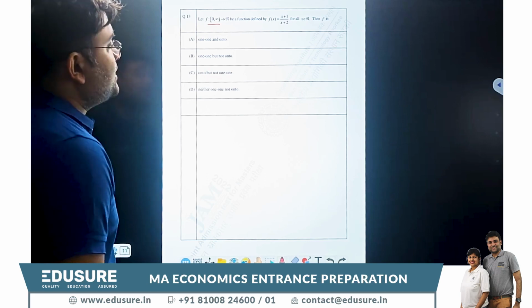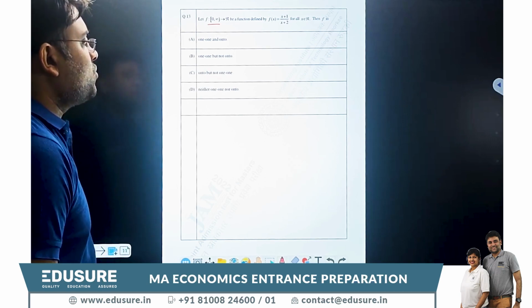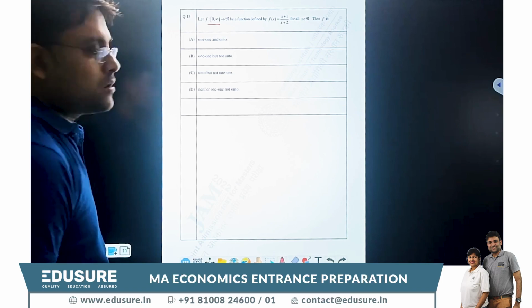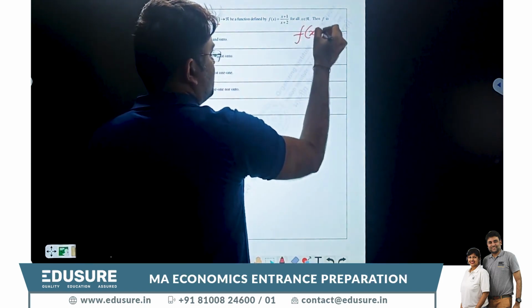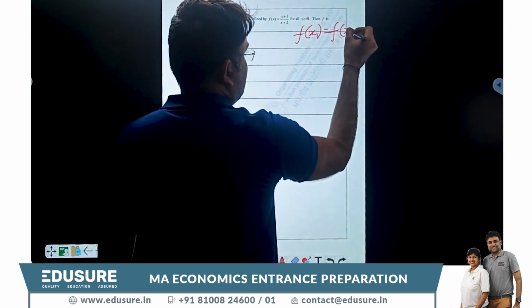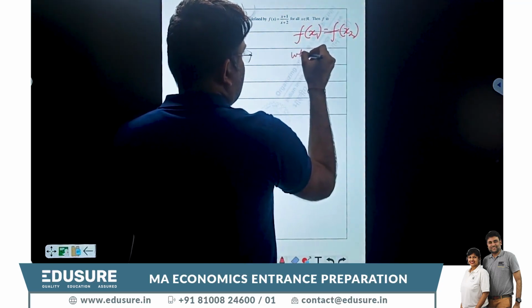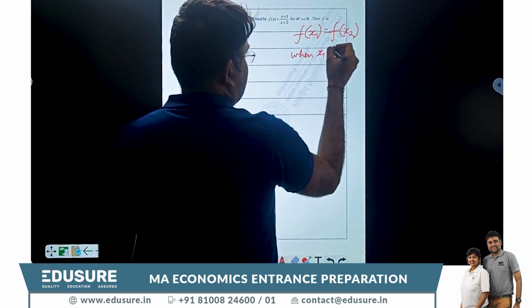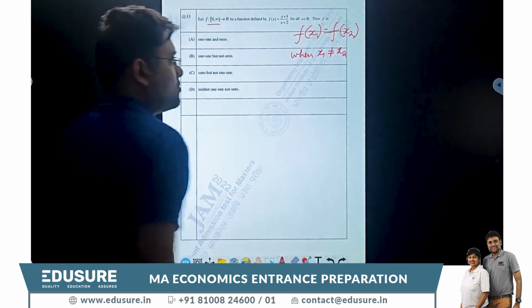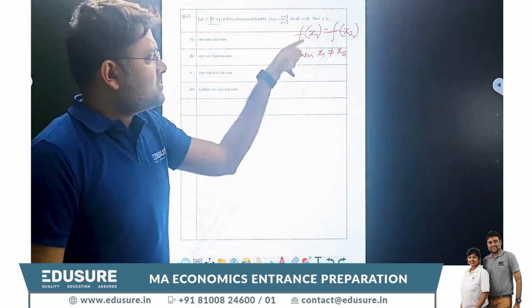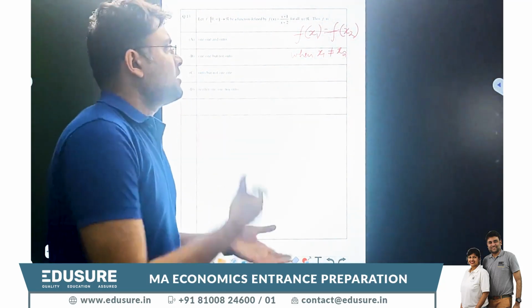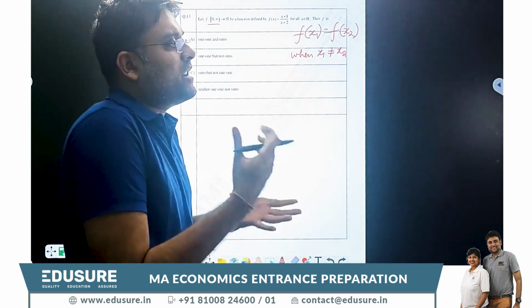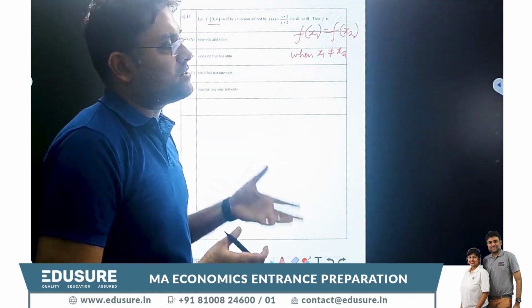First thing that we need to see is whether it is a one-to-one function or not. In order to find out whether a function is one-to-one or not, if f(x1) is equal to f(x2) when x1 is not necessarily equal to x2, then it is not one-to-one. If f(x1) is equal to f(x2) only when x1 is equal to x2, then it is a one-to-one function.